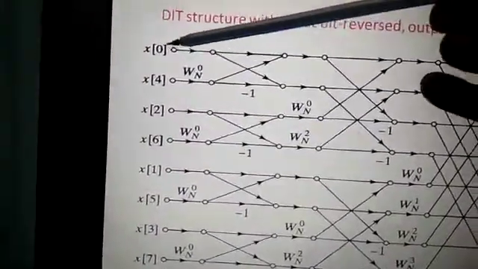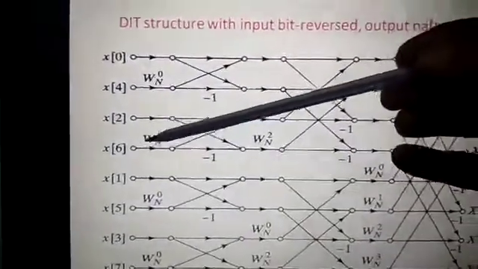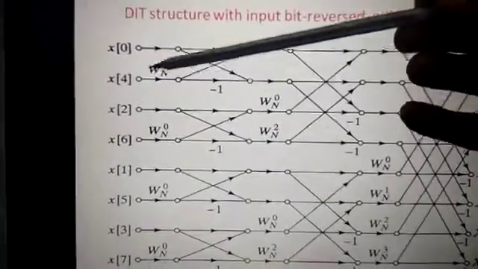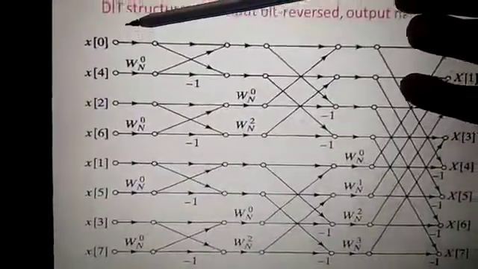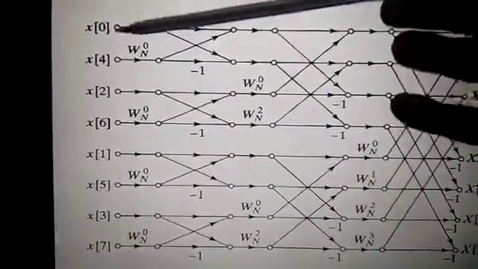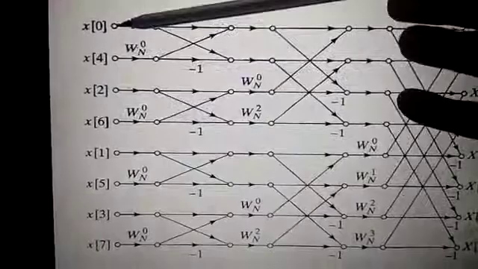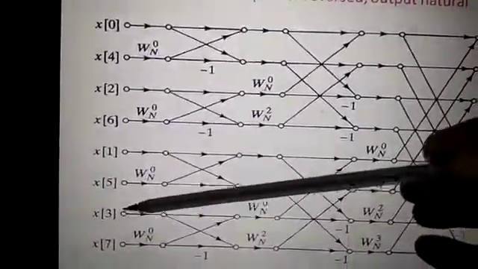So this 8-point input sequence is divided by 2, and we will get two sequences, even and odd. This is the 4 samples in the even sequence, and these are the 4 samples in the odd sequence.